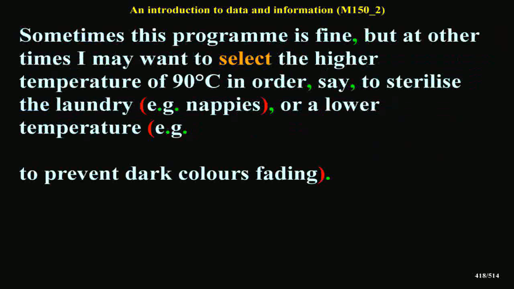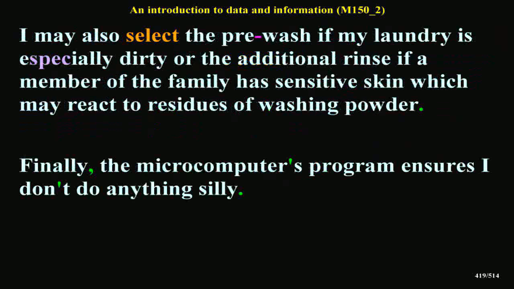Sometimes this program is fine, but at other times I may want to select the higher temperature of 90°C in order, say, to sterilize the laundry, e.g. nappies, or a lower temperature, e.g. to prevent dark colors fading. I may also select the pre-wash if my laundry is especially dirty, or the additional rinse if a member of the family has sensitive skin which may react to residues of washing powder.